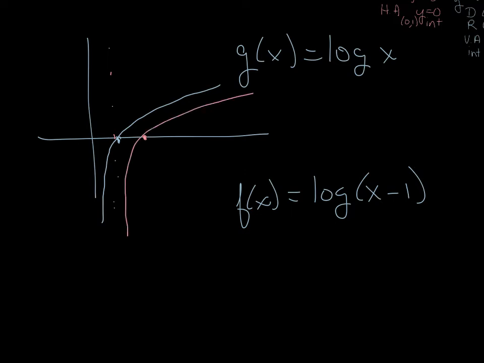What would be the domain of this function? Everything greater than 1. In fact, if you want to find the domain, we set whatever is here has to be greater than 0. So therefore, x has to be greater than 1.